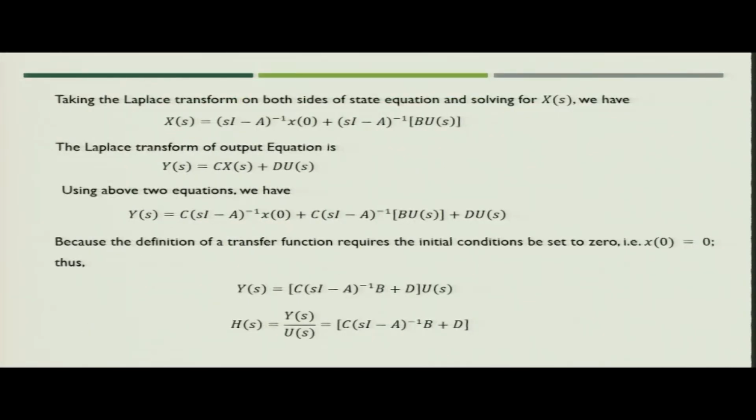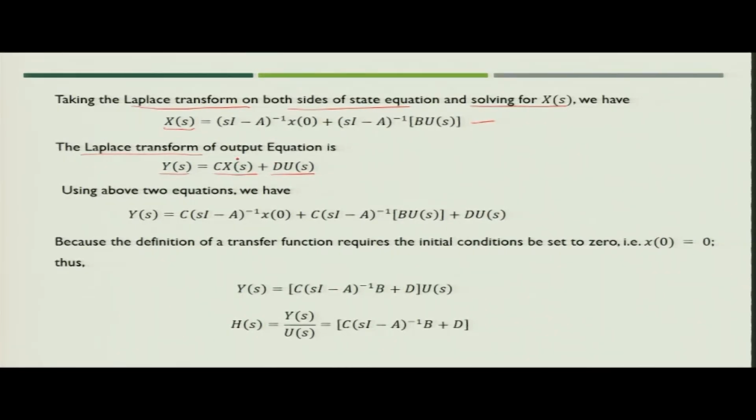Now, if you take the Laplace transform on both sides of the state equation and rearrange it in such a way that you get X(s), that is the Laplace transform of the state vector, on the left side, then you get (sI minus A) inverse x(t=0) plus (sI minus A) inverse B U(s) as the equation. Similarly, if you take the Laplace transform of the output equation, you get Y(s) is equal to C X(s) plus D U(s).